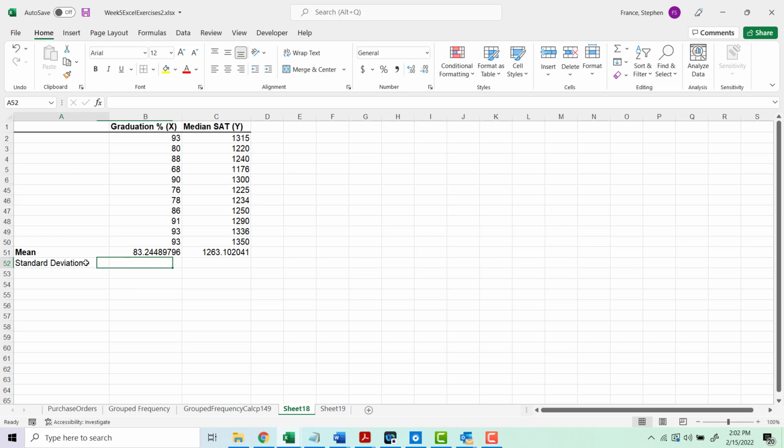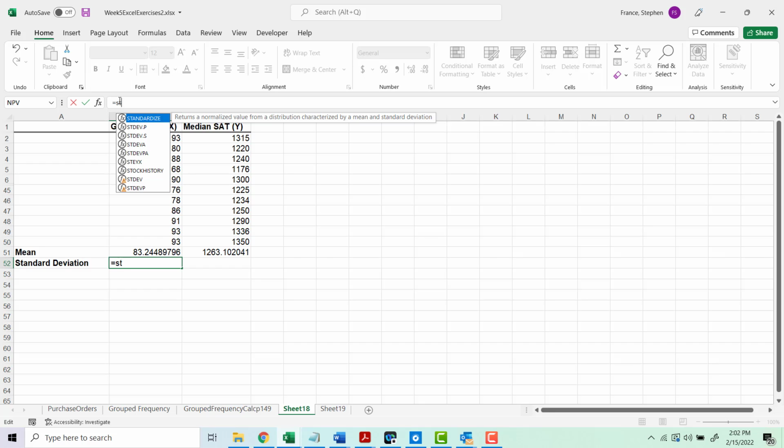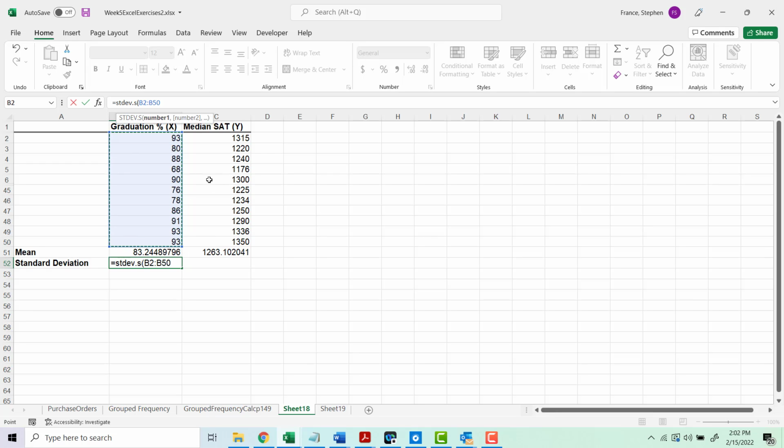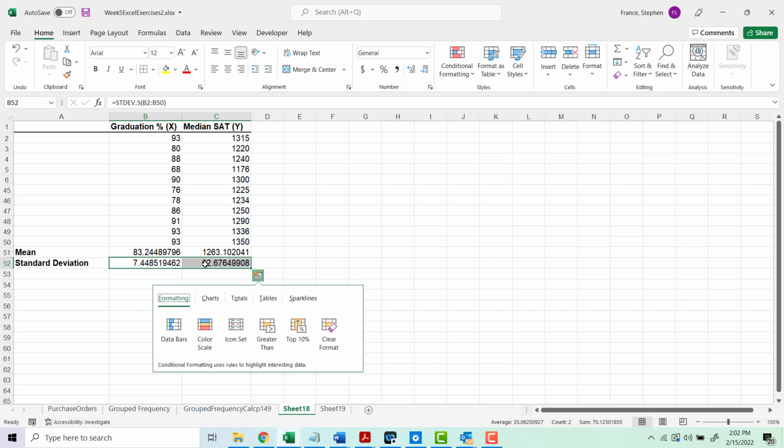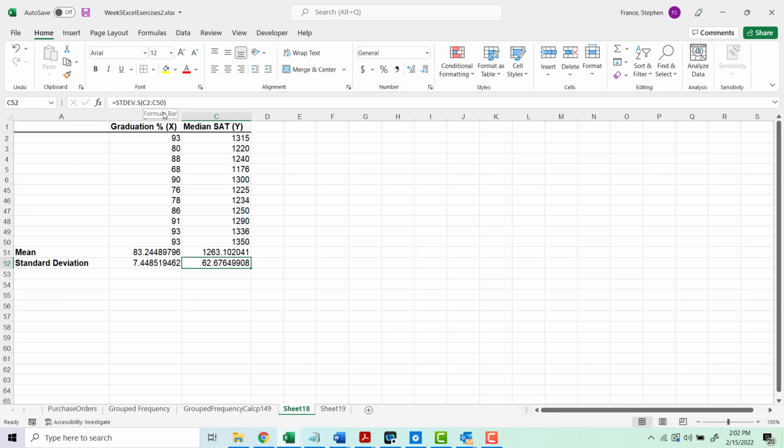So again, we're going to stick with the sample value. So we're going to do sample standard deviation for graduation, and then for the SAT. So again, I just go to the right, and we've got it in the C column.